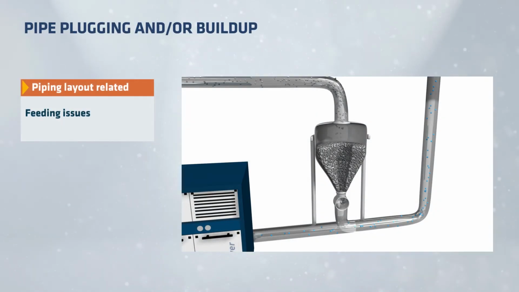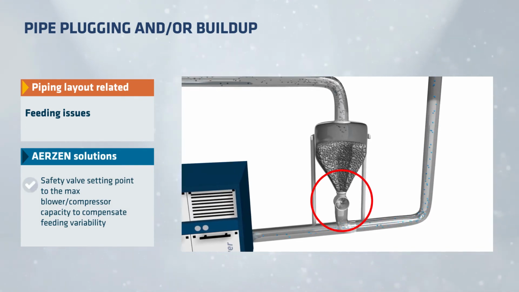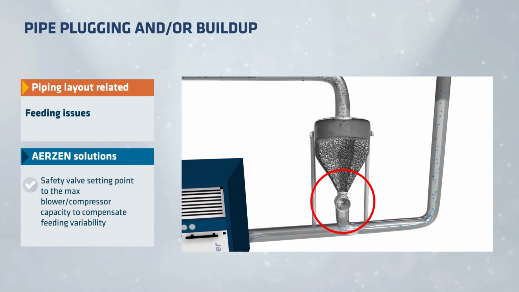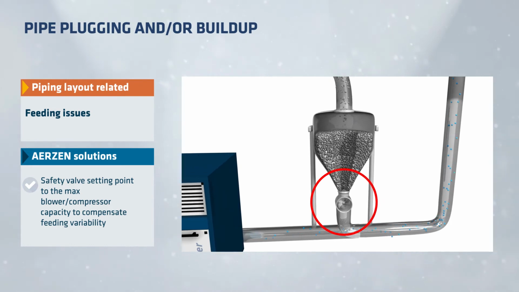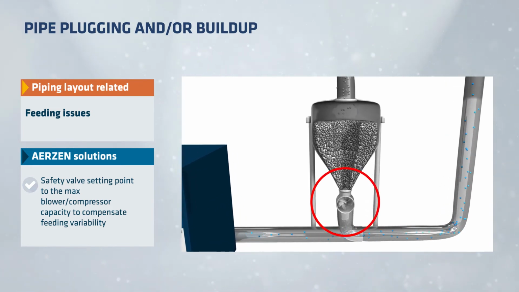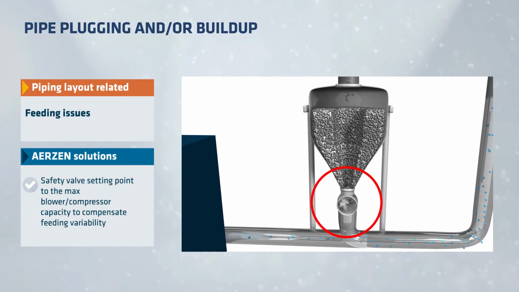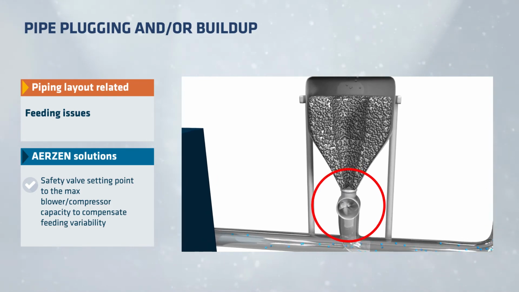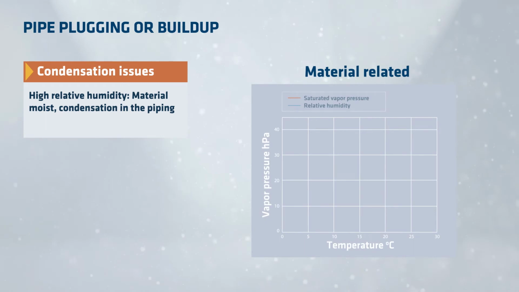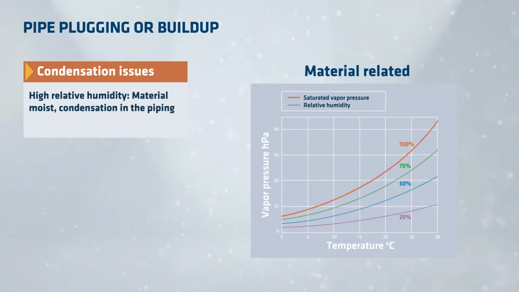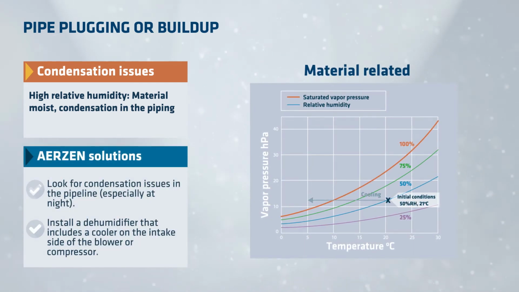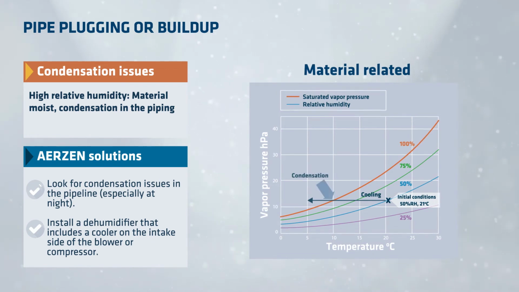Feeding issues. Material feeding is not steady or material feeds in batches into the pipeline. Blower or compressor capacity needs to be set to the maximum pressure available within the specific motor size in operation. Ambient condition related issues. Condensation, high ambient relative humidity, and high intake temperature.